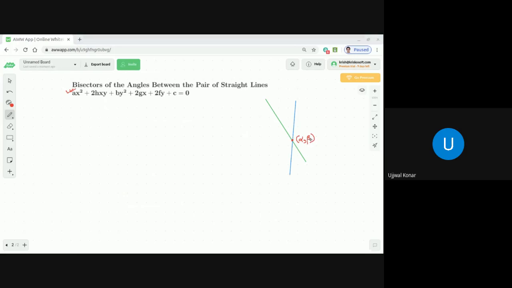If you know their point of intersection, finding the equation of the bisectors of the angle between them is very easy. This will represent a pair of straight lines again. So what will be the equation of the bisectors? Let me place it in front of you, dear students.